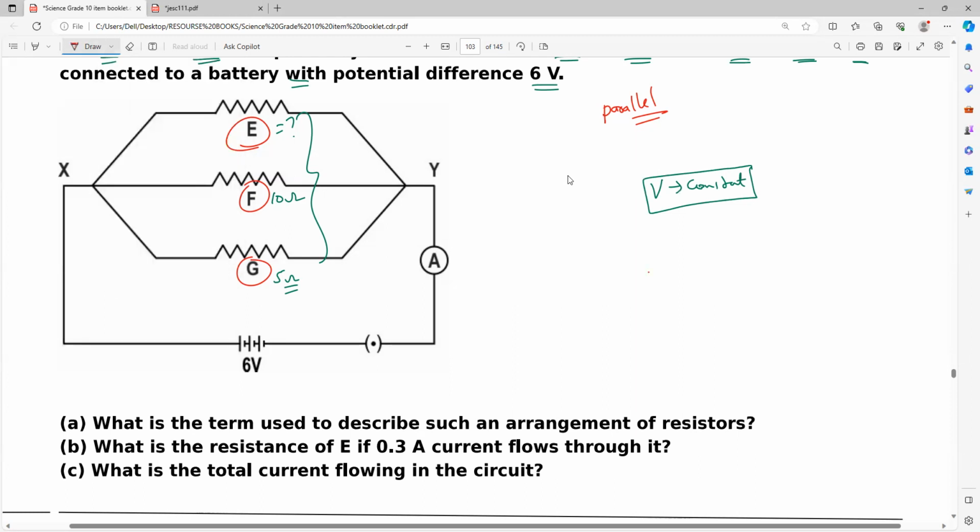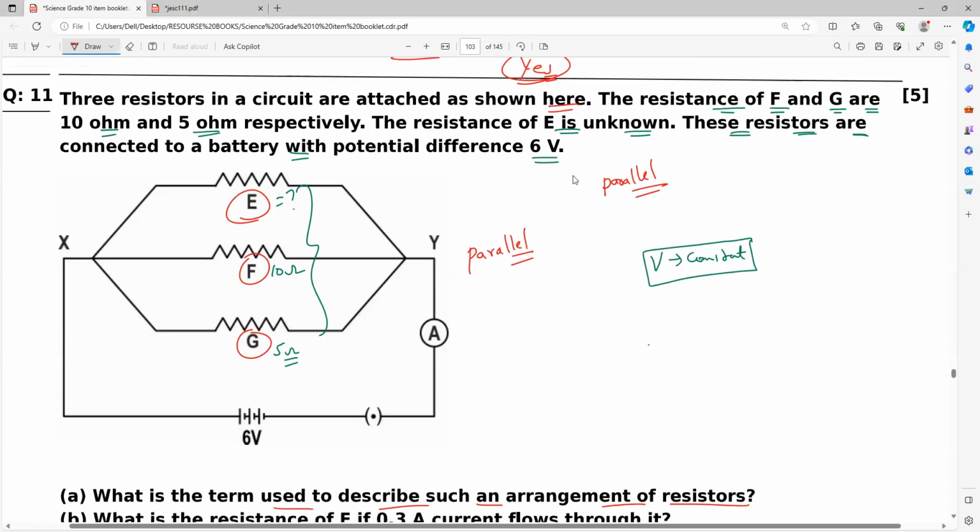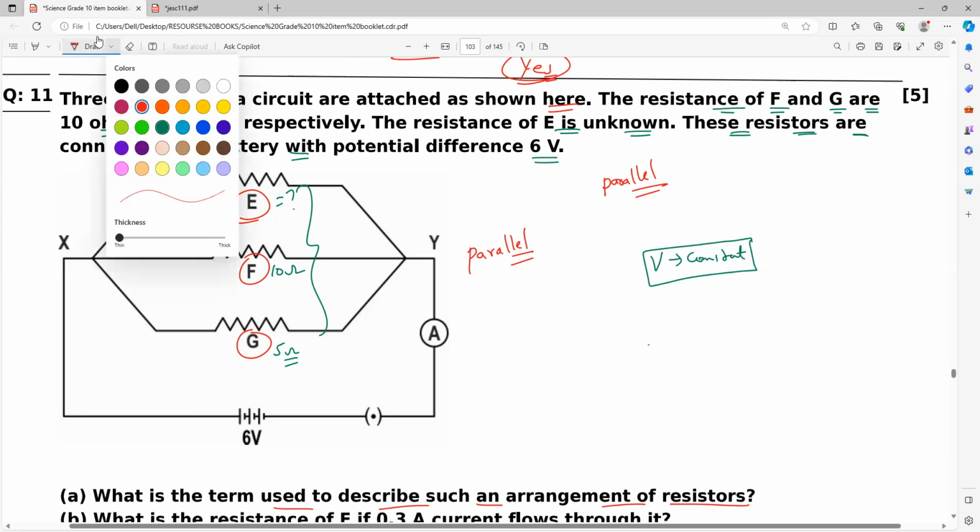What is the term used to describe such an arrangement of resistors? Parallel. What is the resistance of E if 0.3 ampere current flows through it? Wow, they made our work very easy. So what is the current passing through E?